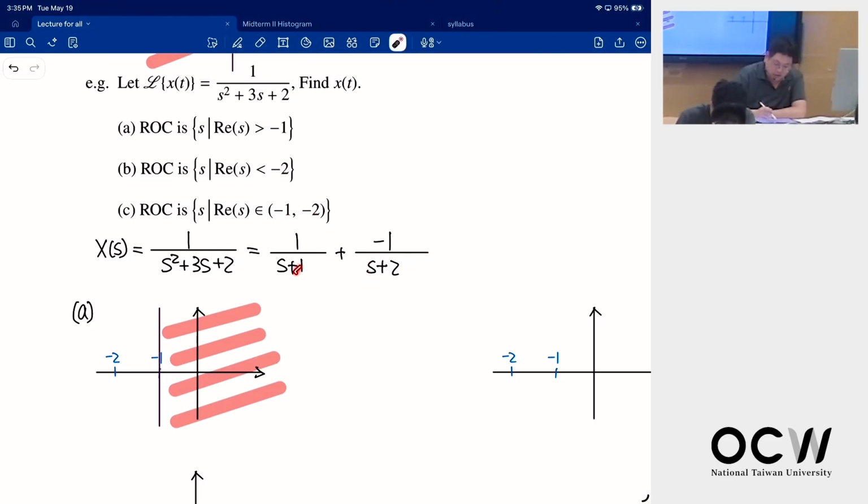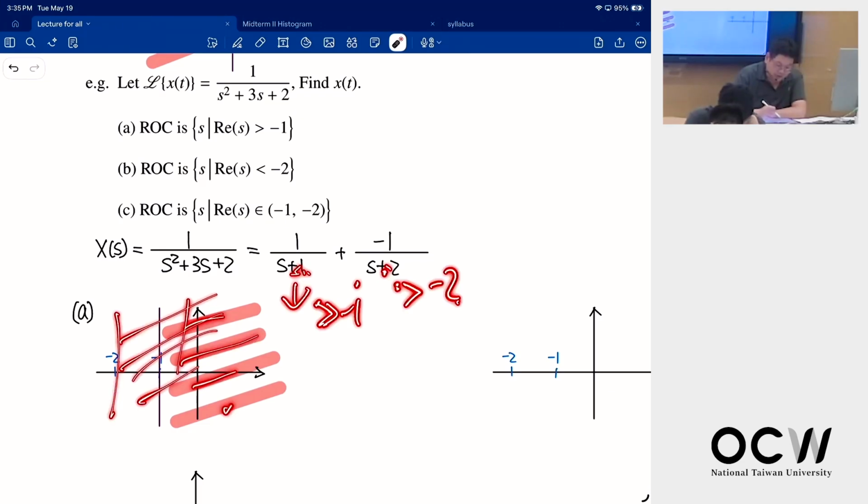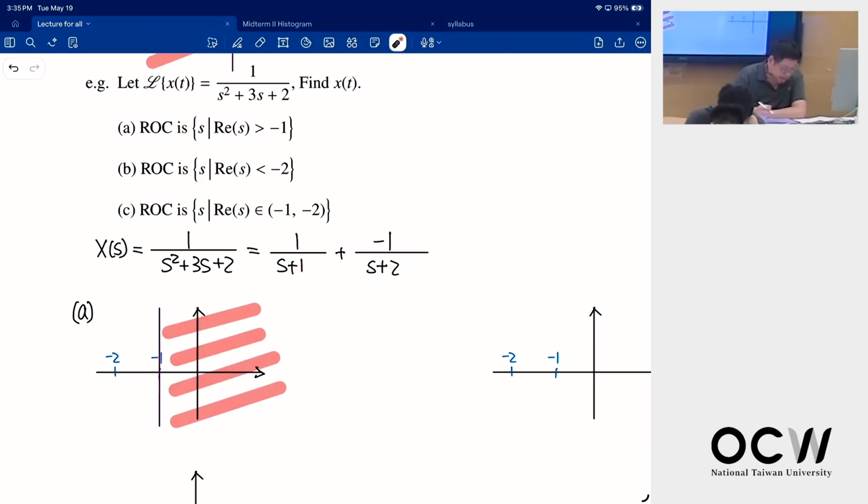For intersection, this one is greater than minus 1. This one, if I do the intersection, is greater than minus 1. Then here, it is also greater than minus 2. So the intersection is here, which means that both signals here are right-sided.